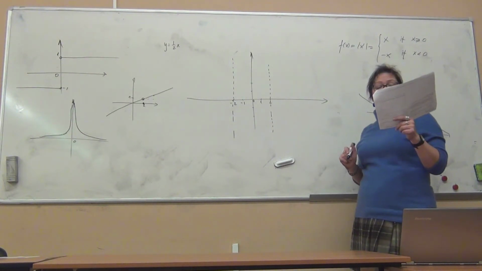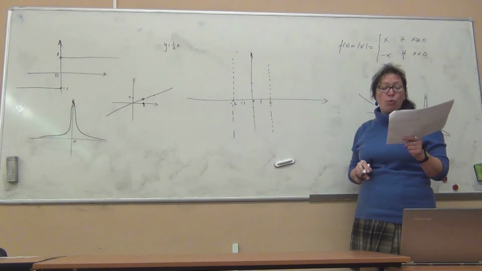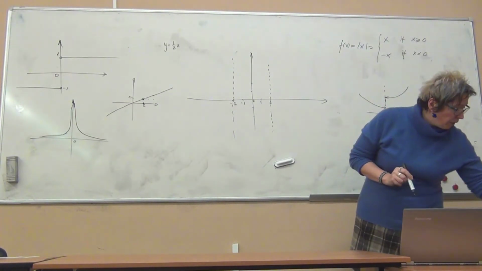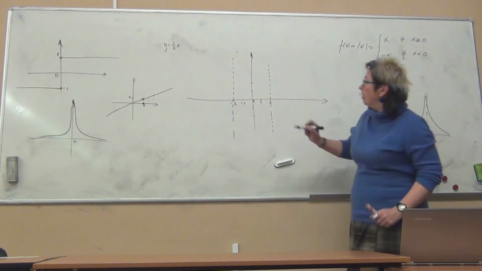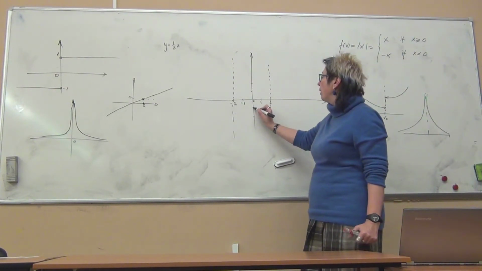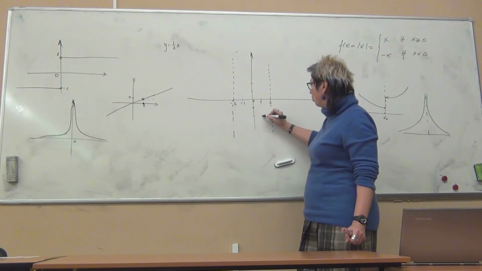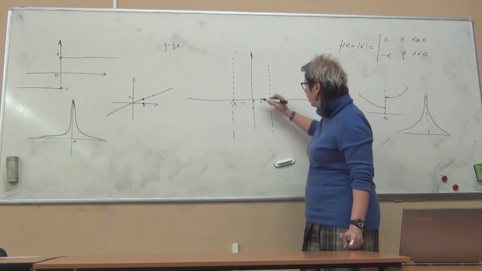So if x is less than minus 2, we have the graph minus x minus 1. Minus x minus 1 means 1 right, 1 down, 1 right, 1 down.